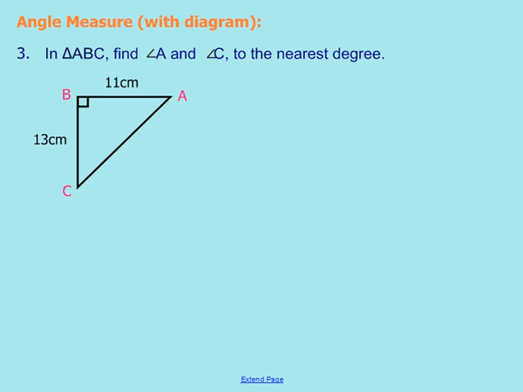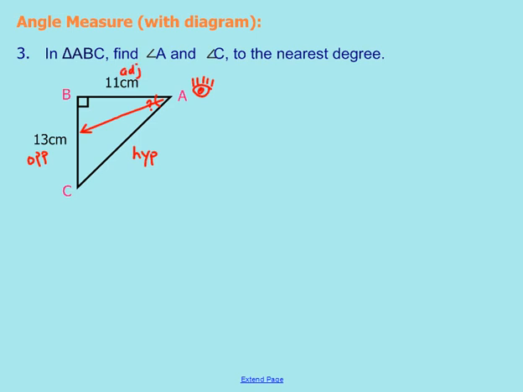All right, so you're looking for the angle and you want to find angle A. That means that since I'm looking for this one, I'm going to draw my eyeball right here. That means that this is my opposite side, this is my hypotenuse, and this one is my adjacent.